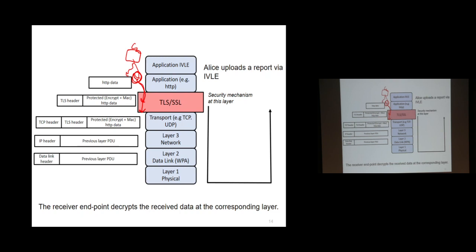So this piece of data, after going through this, comes out encrypted plus MAC. This is passed to the transport layer, later passed to the network layer, link layer, and then sent.